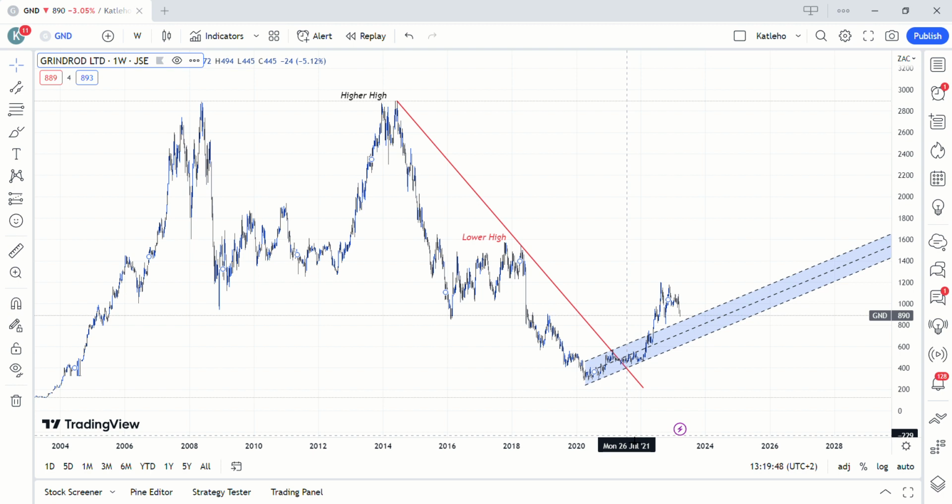The baseline will be connecting the lower low. Our baseline here, the lower boundary of the parallel channel, will be connecting the lower low with the next higher low, and then the upper boundary line will be just on top of the next higher high, parallel to the lower boundary line.